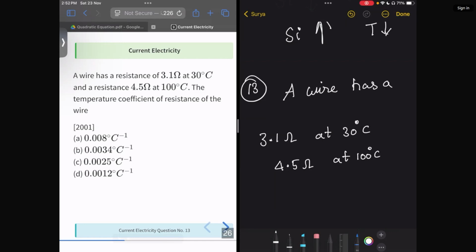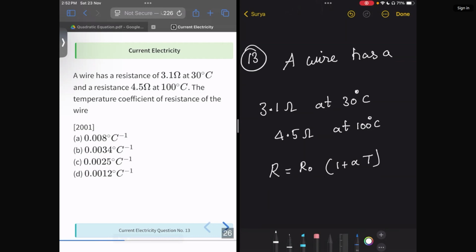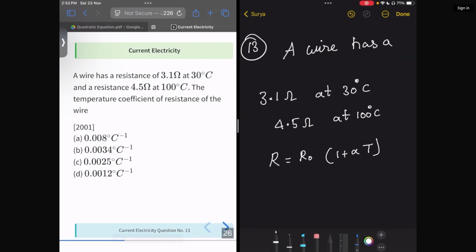So the temperature coefficient of resistance will be: you know the resistance formula, R is equal to R naught into 1 plus alpha T. Everything is in centigrade units. They are asking the temperature coefficient of resistance alpha. At 3.1 the temperature is 30, so 1 plus 30 alpha. And it is 4.5 when the temperature is 100, so 1 plus 100 alpha.